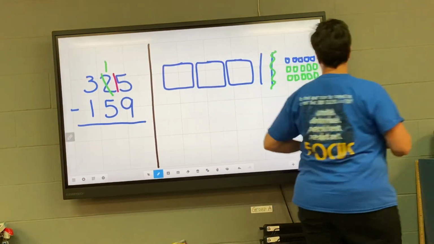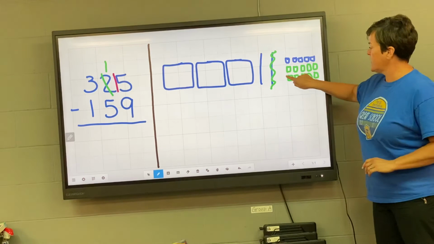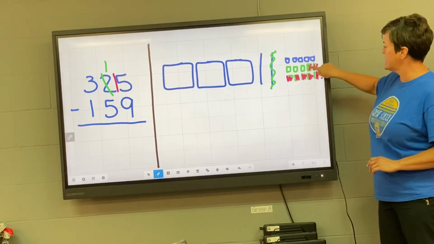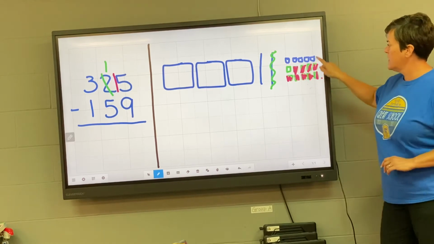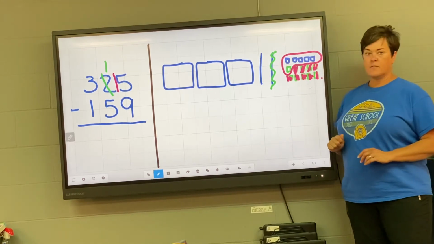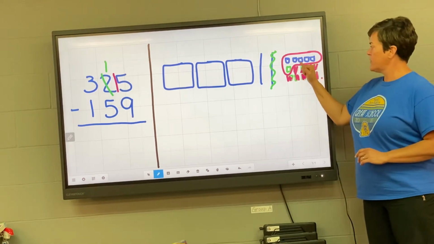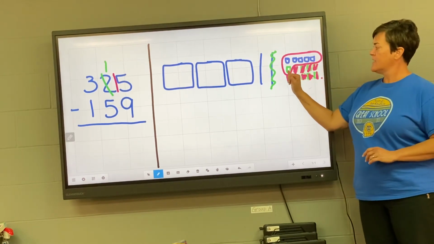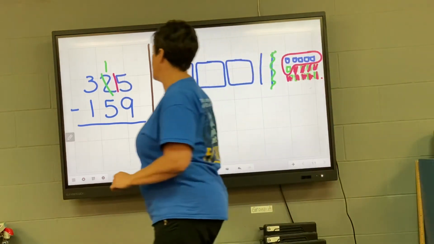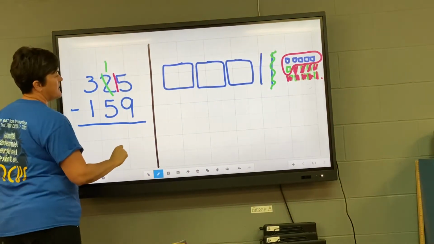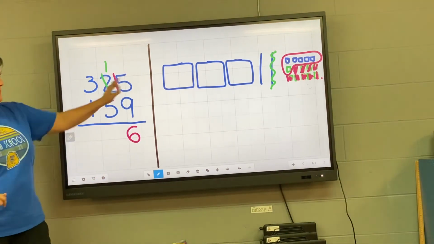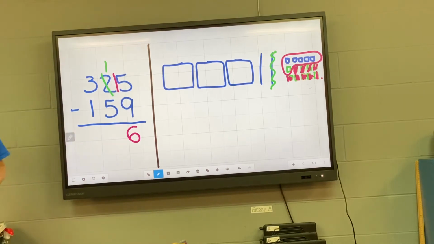Of these 15, if I take 9 away, here's 1, 2, 3, 4, 5, 6, 7, 8, 9. What do I have left for ones? 1, 2, 3, 4, 5, 6. 15 minus 9 is 6, because I have 6 ones left.